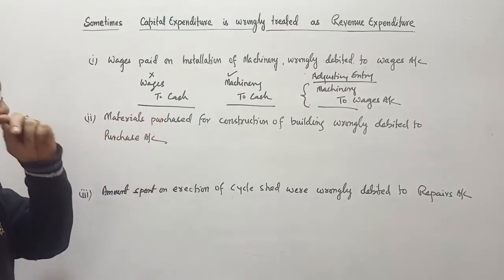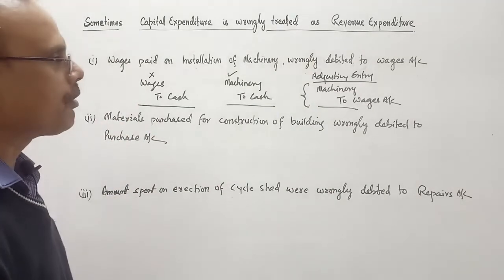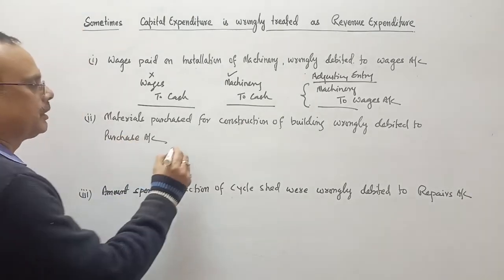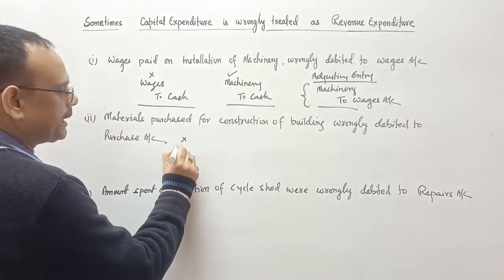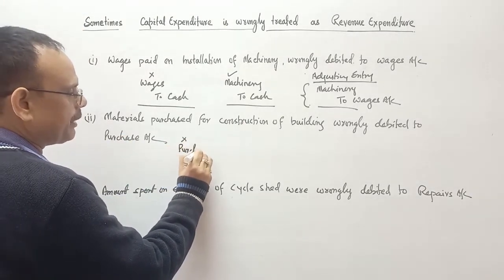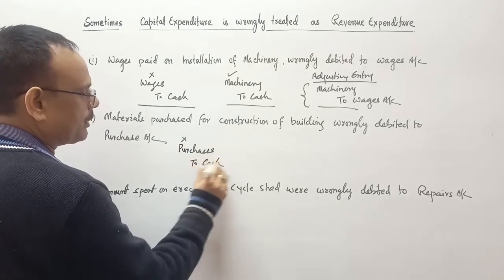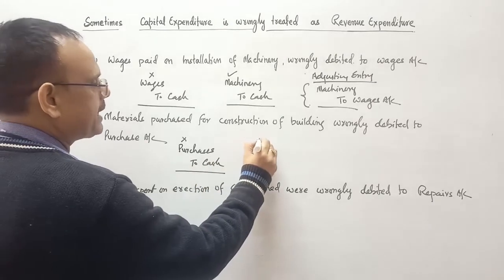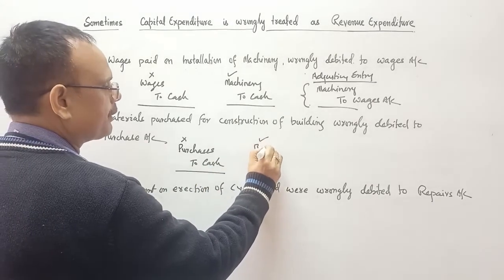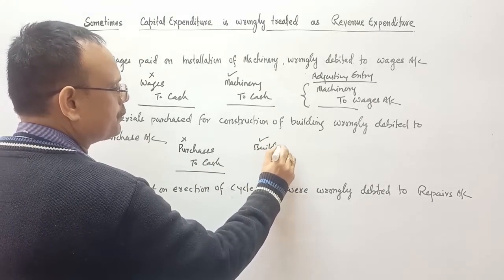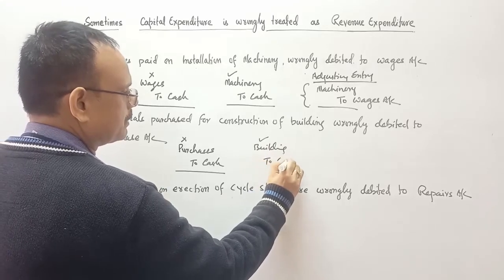Material purchased for the construction of building was wrongly debited to purchase account. The wrong entry done by the accountant is purchase account debit to cash account. The right entry should be building account debit to cash account. Building to cash.